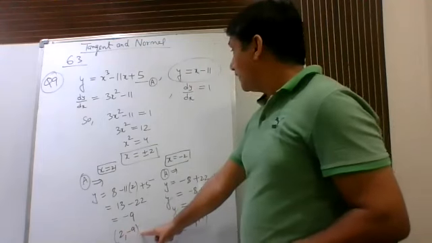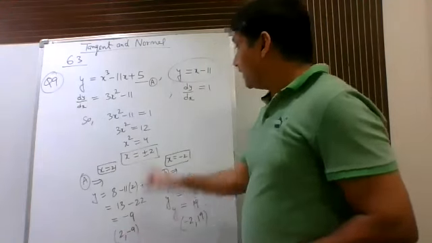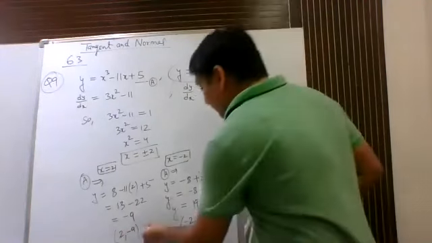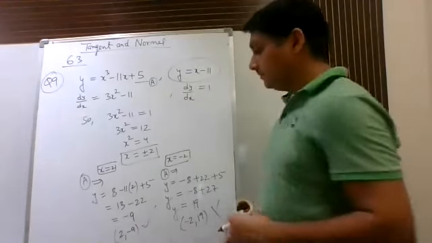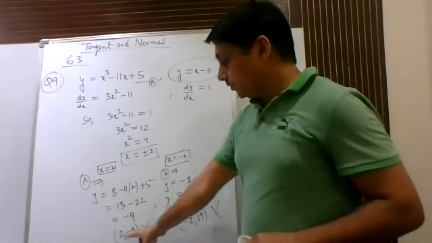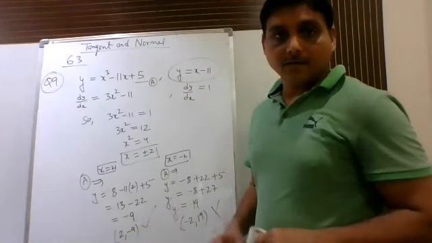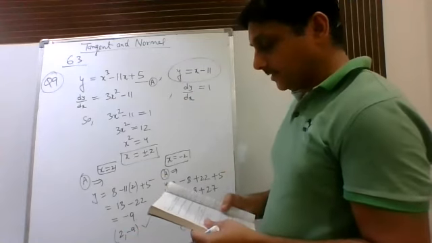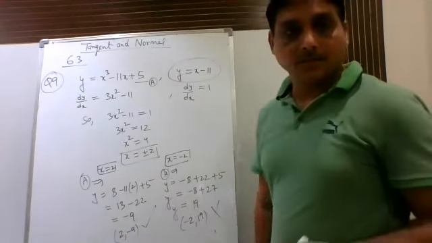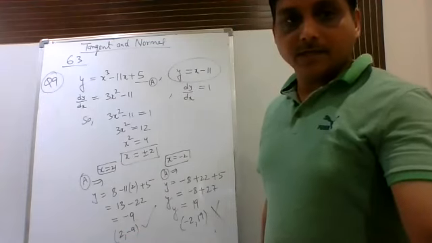When you put this particular value, you can see that it satisfies the equation, and this one will not. So that means (2, -9) will be the required answer for this 9th question.